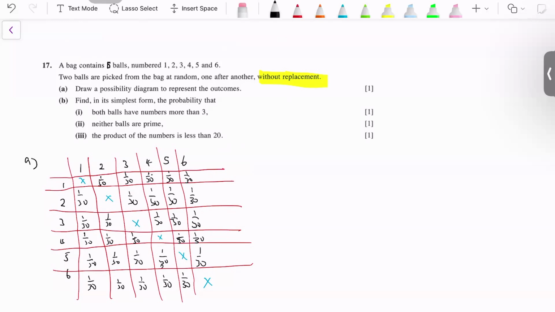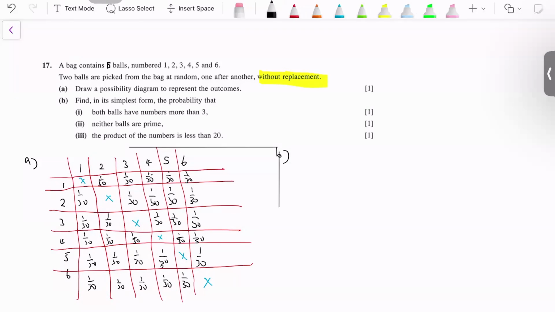Okay. So in this case, now we have drawn a possibility diagram. Okay. So part B part 1, it says that both balls have number more than 3. So in this case, the first ball that is more than 3 can be 4, 5, or 6, which is half.